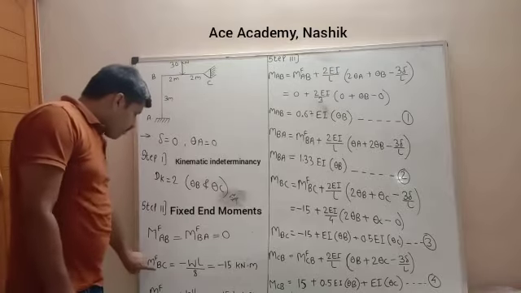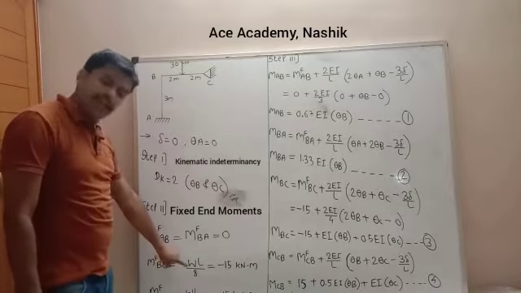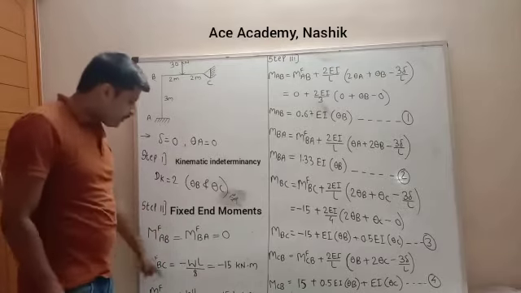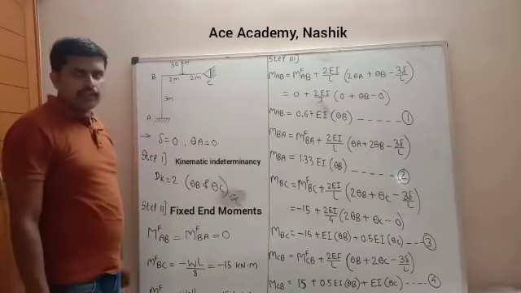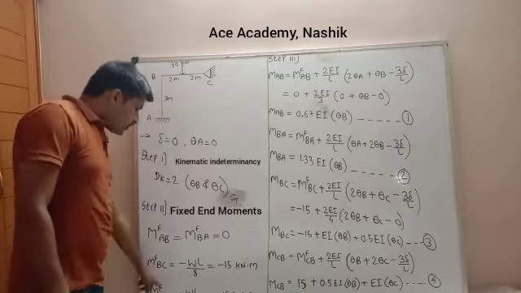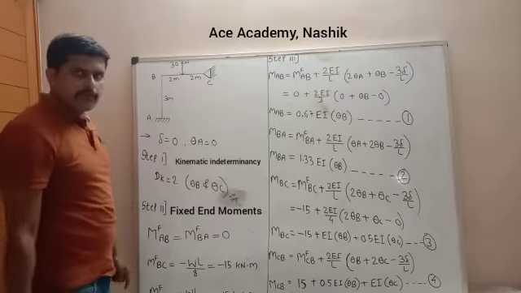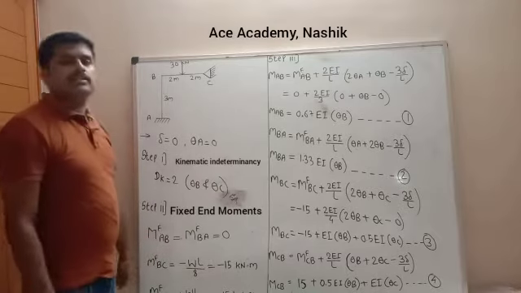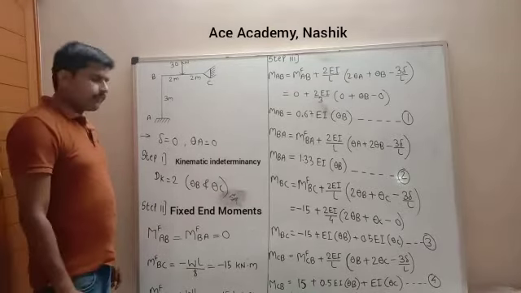Hence, for MFBC, it will be minus WL by 8 due to anti-clockwise movement. It is minus 15 kNm. And for CB, it is plus WL by 8 due to clockwise movement. It will be plus 15 kNm.